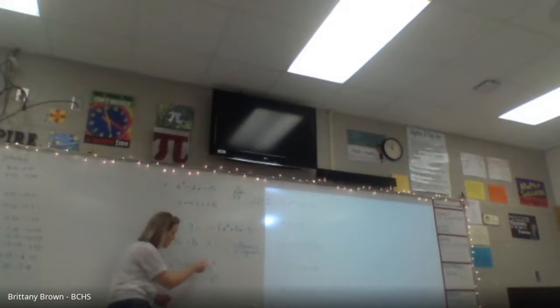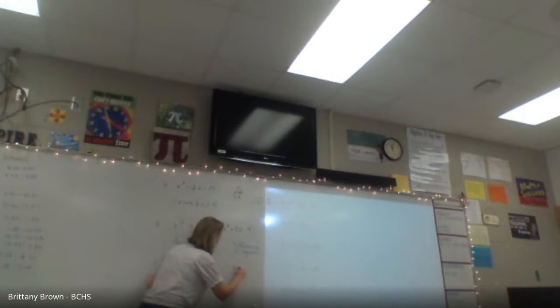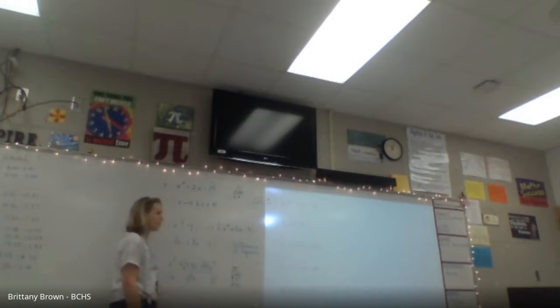So zero in on the coefficients. You got -20, and what's here? 1. So I want to look at the factors of -20 and figure out how I am going to add those to get 1.